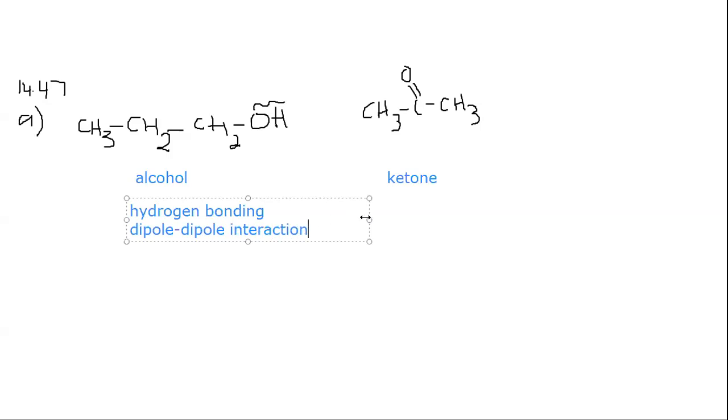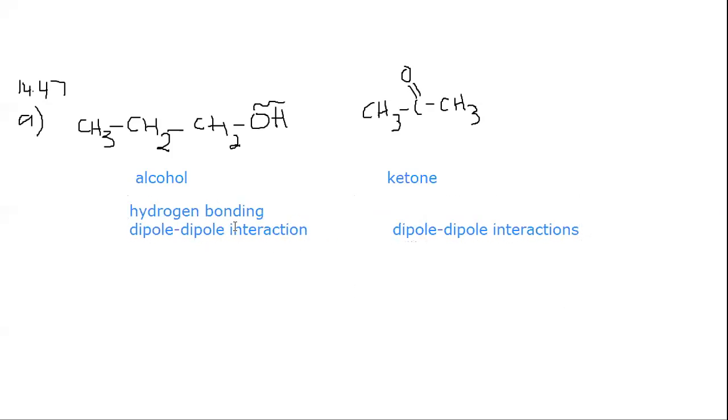But if you remember, a ketone doesn't have any OH or NH or FH bonds, but it has dipole-dipole interactions because of the carbonyl group. We looked at that when we were looking at their properties.